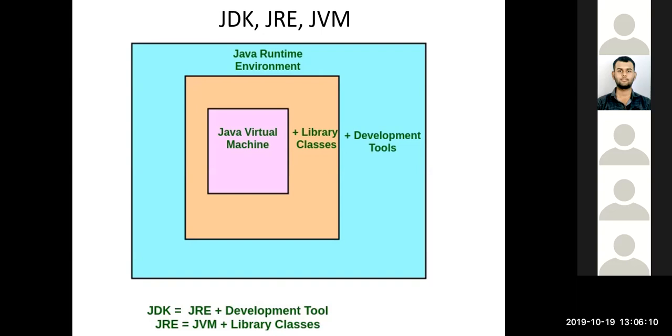JRE is a combination of the Java virtual machine and a set of libraries. And the Java virtual machine is the core which is responsible for interacting your code with the operating system. After all, the operating system is responsible for each hardware which we are utilizing with the Java class. We are utilizing the console to show our output, and the keyboard to take our input. So all these interactions are done with the help of the JVM only.